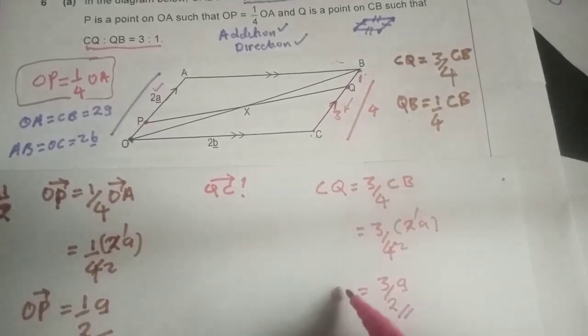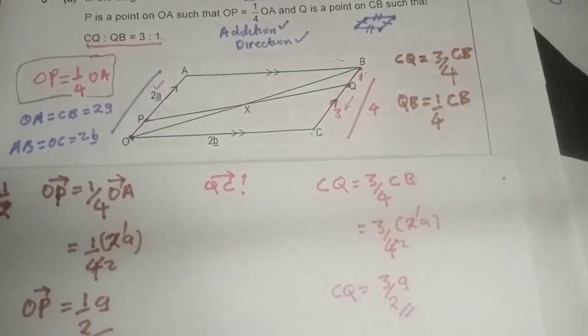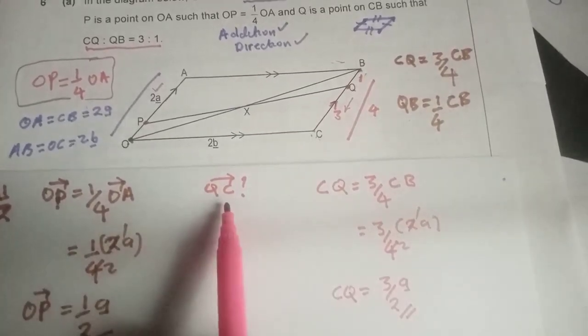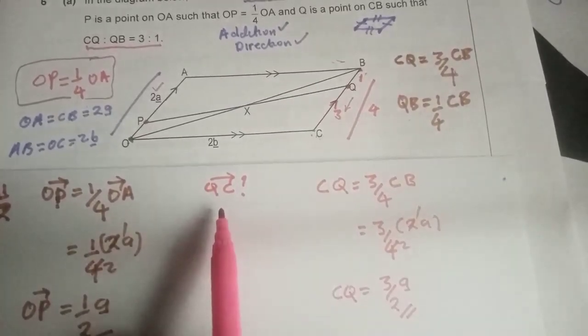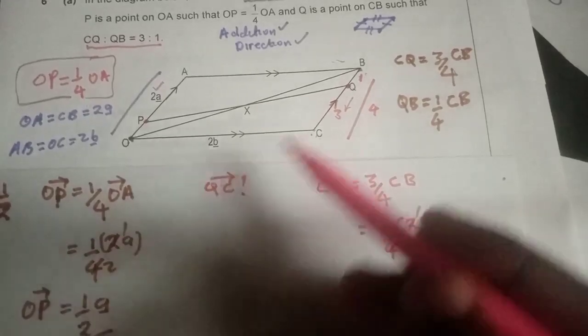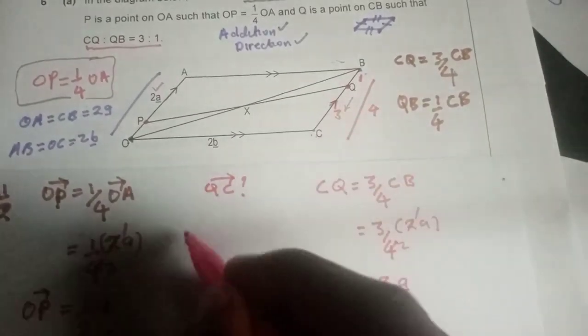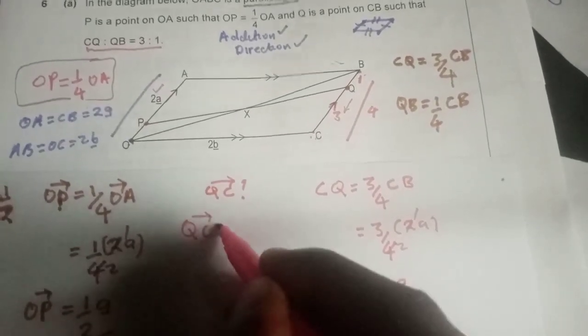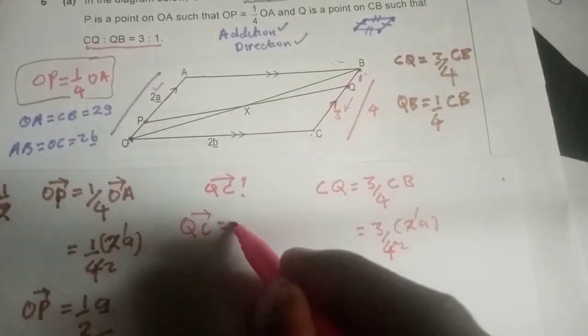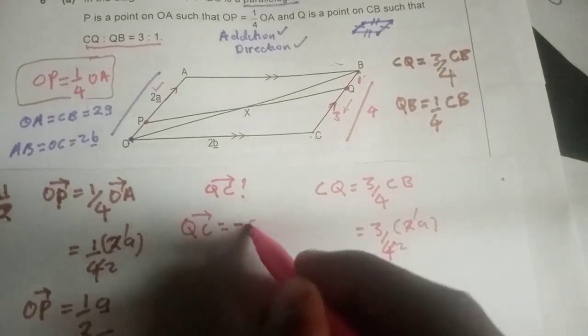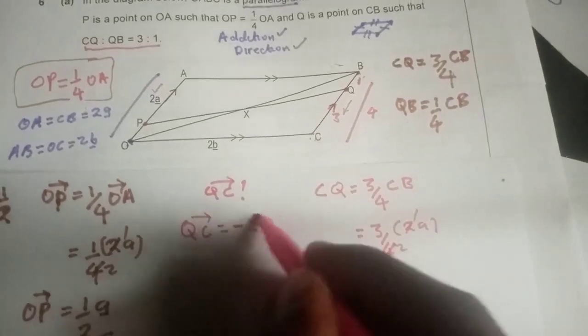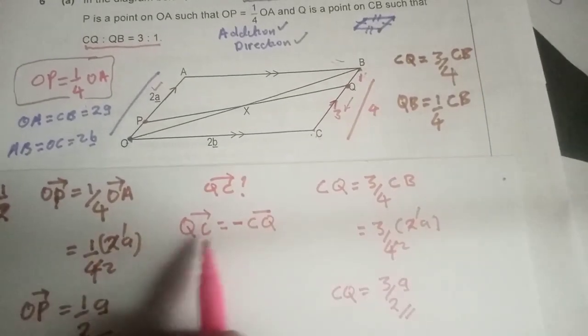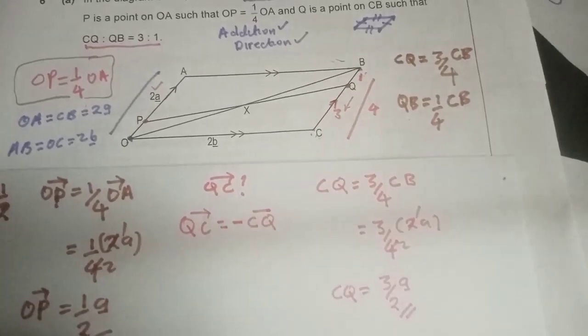So this is CQ. But as we want QC, we're moving against the direction, so QC is negative CQ.